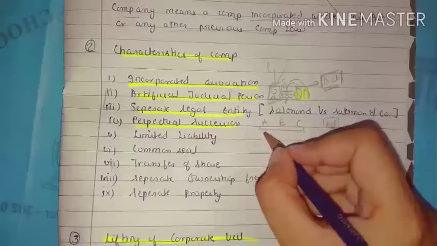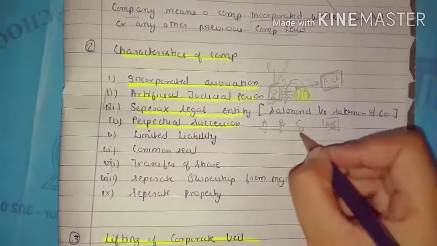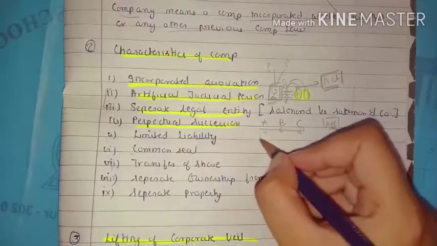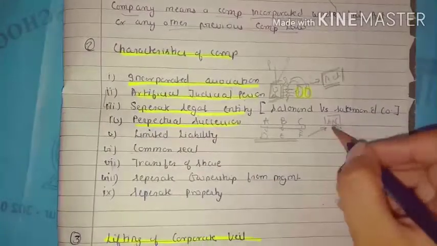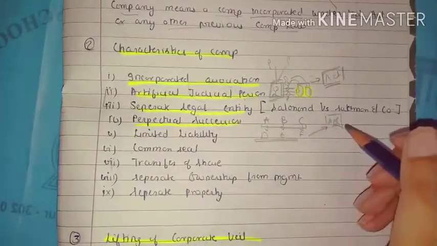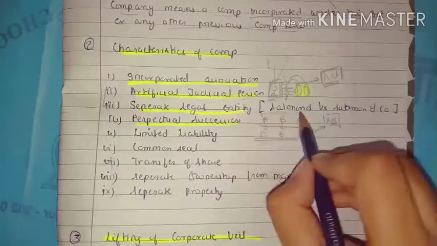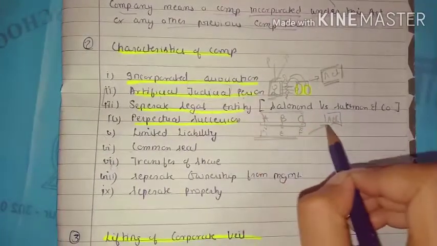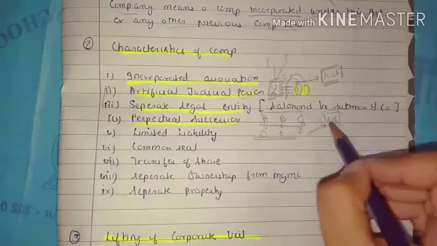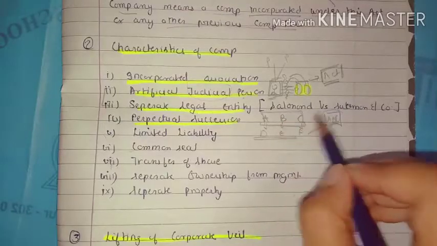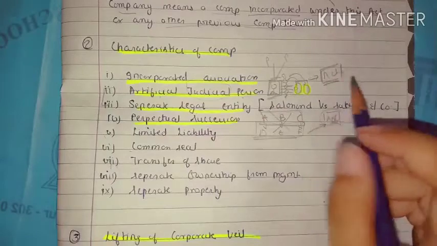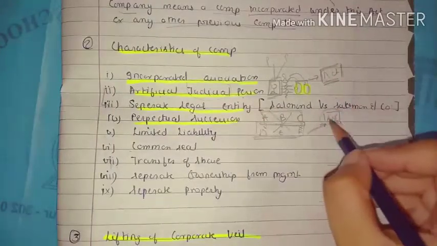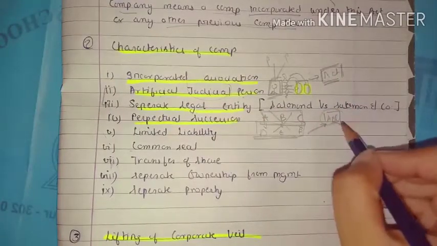Now their children, suppose DEF, are in the company and managing it. So the members may go or the directors may go or come, but the company keeps on existing irrespective of its members. Even if DEF doesn't manage the company, and no one is managing it, the company is still in existence.